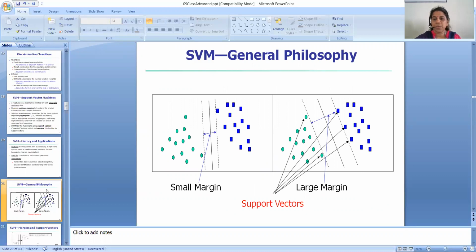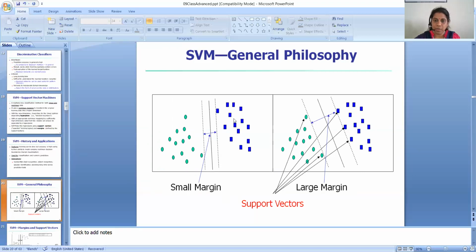In our previous examples, we had two target classes, like buys computer equal to yes is one class, and buys computer equal to no is another class. Assume the green dots here represent the data tuples with buys computer equal to yes, and the blue squares represent the tuples with buys computer equal to no. Now we can separate these two classes using a line.